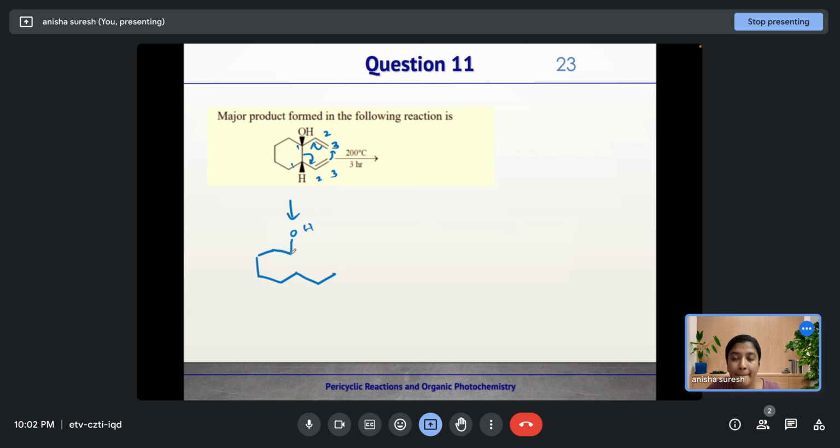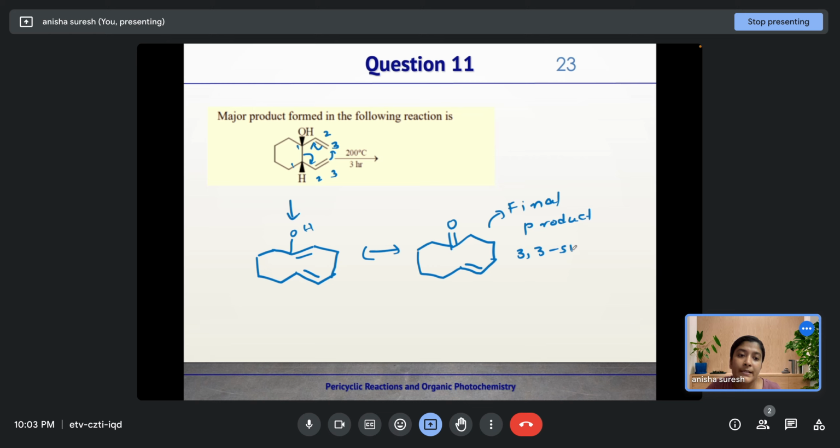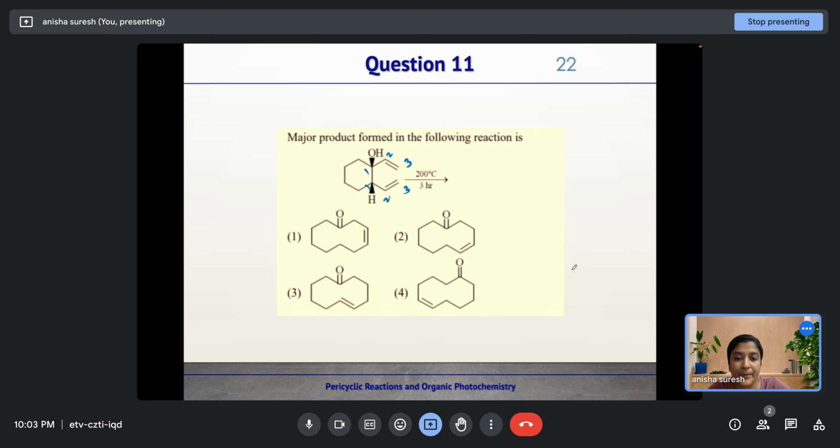OH, double bond, and here a double bond has formed. So this will undergo keto-enol tautomerism. So here a ketone will be forming and here a double bond will be there. This is the final product of 3,3 sigmatropic rearrangement. Clear? So the right option will be option 3.